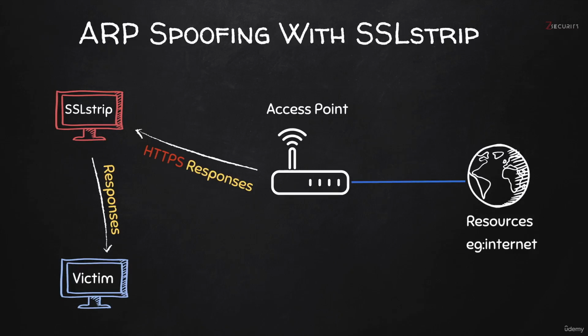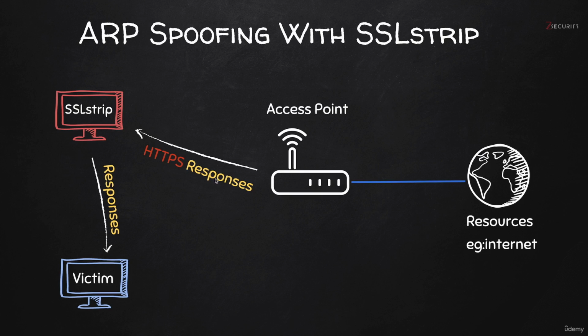Next, bbc.com is going to respond by saying, hey, why don't you communicate with me over HTTPS? Now, SSL strip is going to detect this. And by the way, when I say BBC is going to say, hey, why don't you communicate with me over HTTPS, the process is actually a little bit more complicated than this, but I'm just trying to keep it as simple as possible.